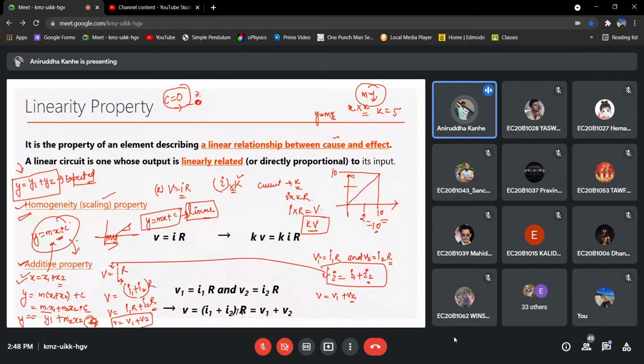You should not say that if there is a straight line like this, then it is linear. One can argue that whenever there is a straight line, it is linear. No, it's not correct. If I increase the x-axis value by some amount, its corresponding change is not happening with respect to y. I hope this is clear to everyone.